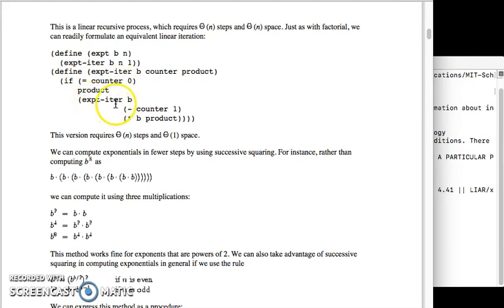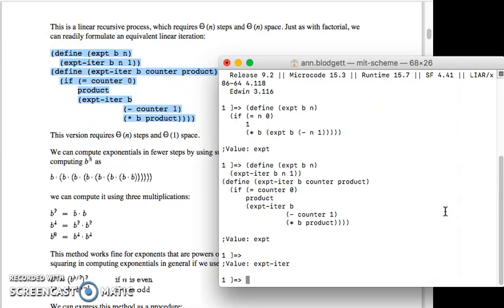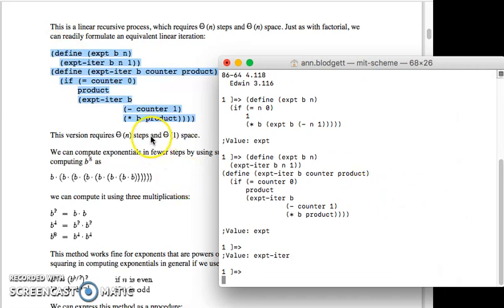Otherwise, apply the exponent-iter procedure to b, counter minus 1, and the product of b, multiplying b and the product together. And so those are your inputs to the exponent-iter. So let's apply this one. Cool.